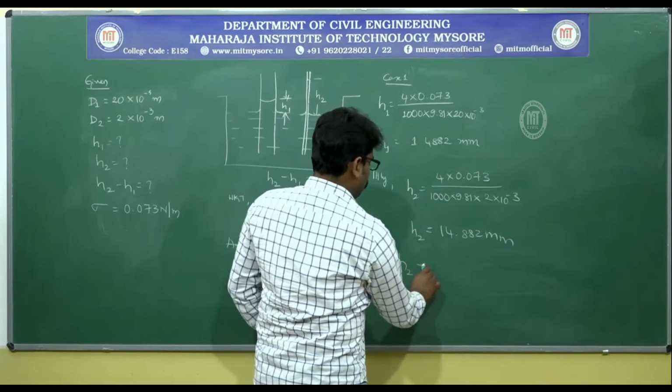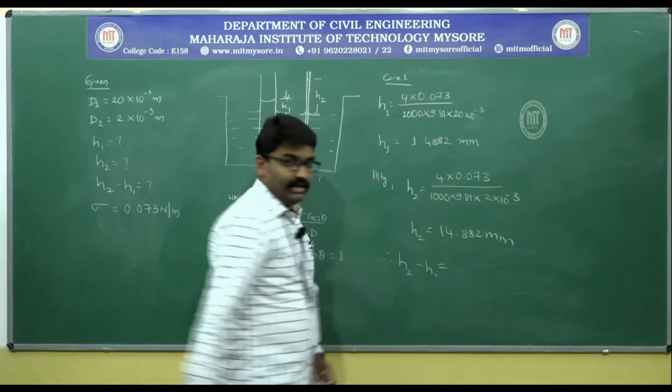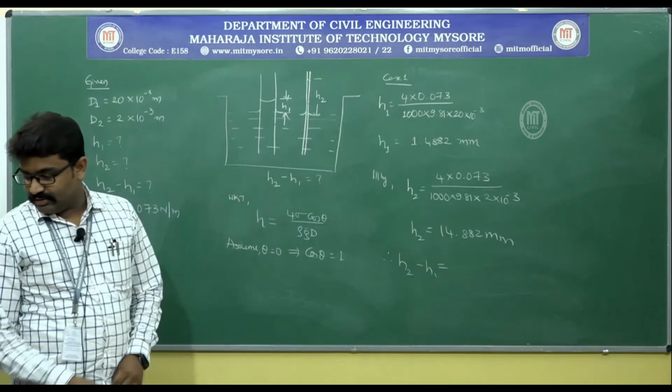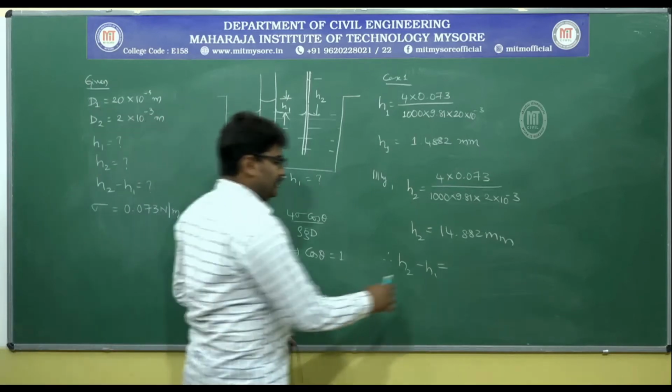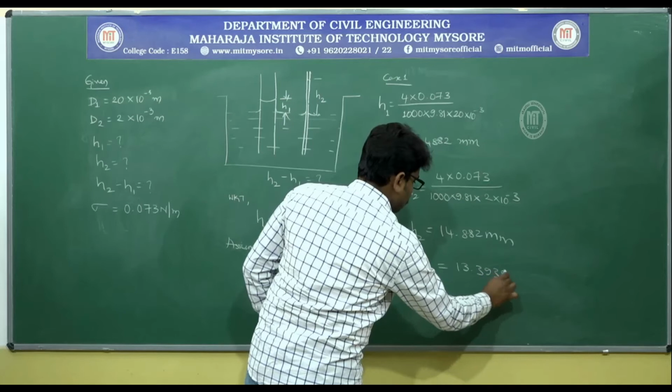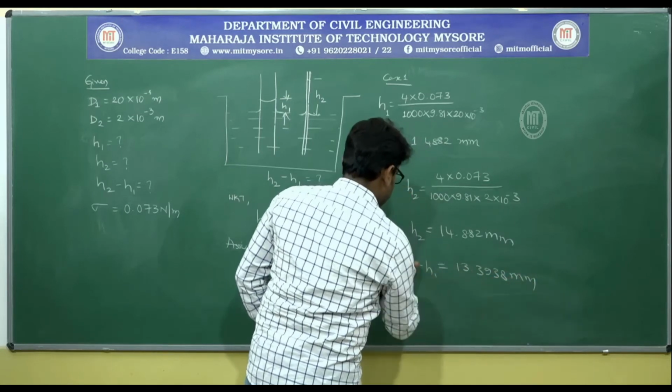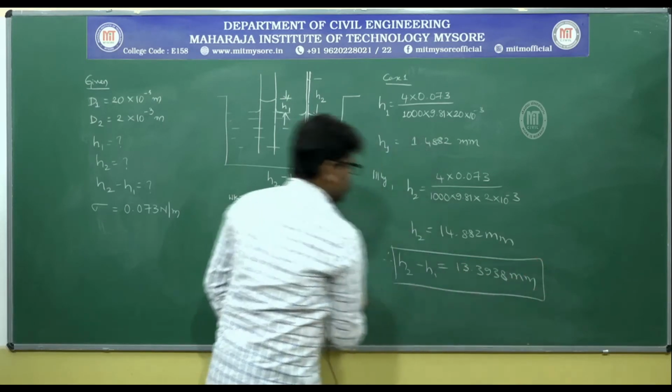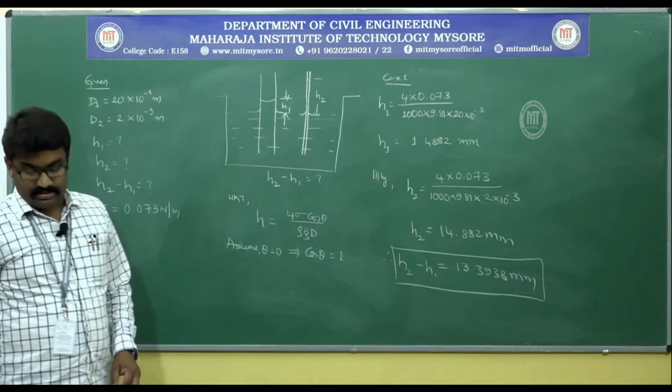Therefore, H2 minus H1, which is actually the question, H2 minus H1 is equal to 13.3938 millimeter. This is the solution to the question raised.